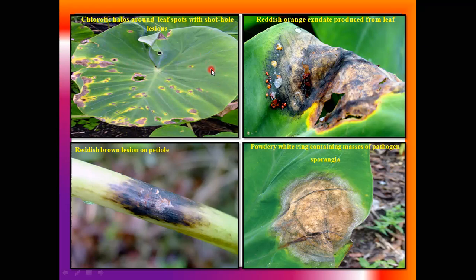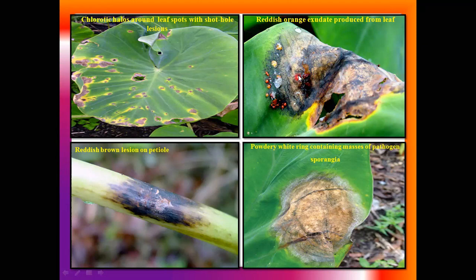Sometimes a yellow liquid or a reddish orange liquid or drops oozes out from the infected leaf. This reddish orange exudate or gum-like substance is secreted from the blight lesions on the leaf.